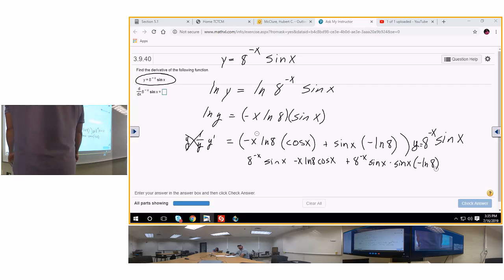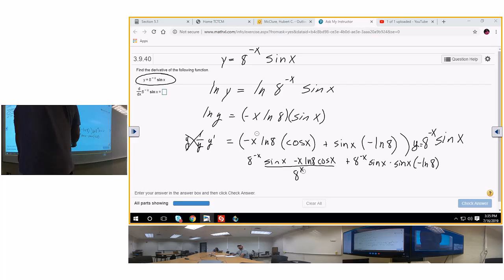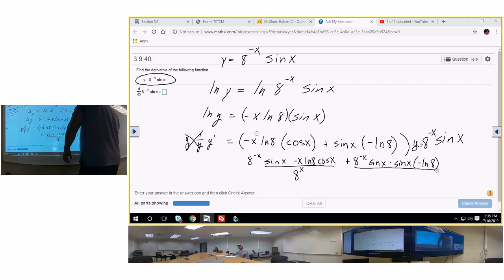Now you could factor out this 8 to the negative x can come downstairs. So that's 8 to the x. And this is 8 to the x. So you can do that.